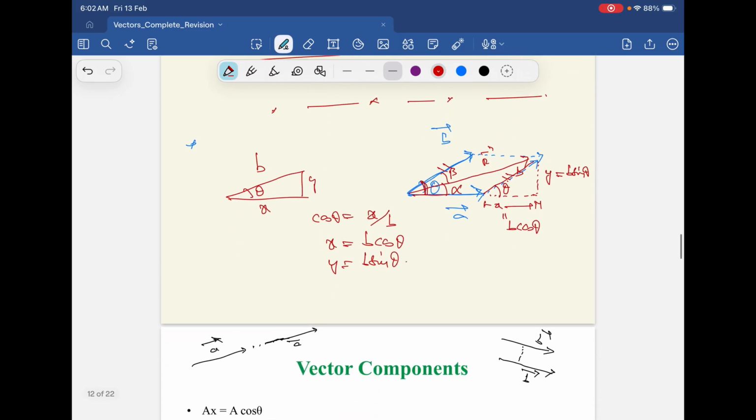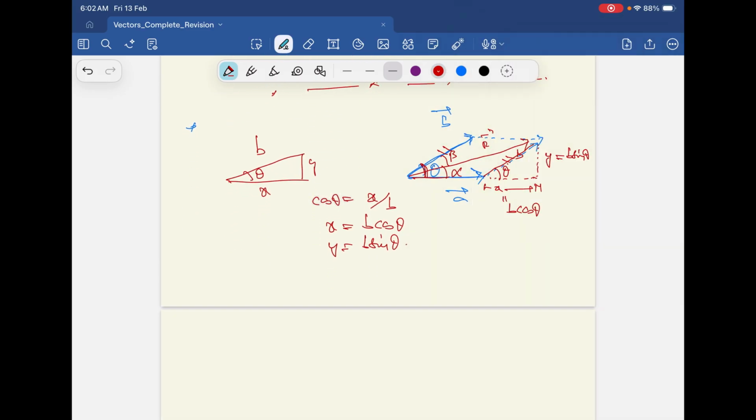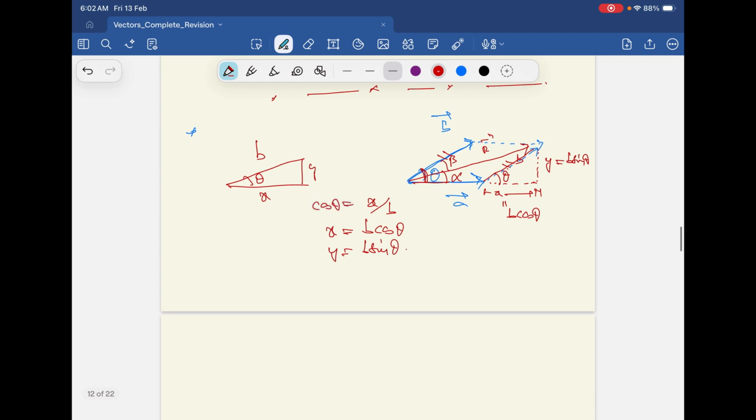Now let the resultant make an angle alpha. Yes or no? The resultant vector is making an angle alpha. In this triangle, say this is O, this is A, this is C, this is B. So OCM is a right angle triangle. What can you get for the value of tan alpha? Tan is opposite side by adjacent side.